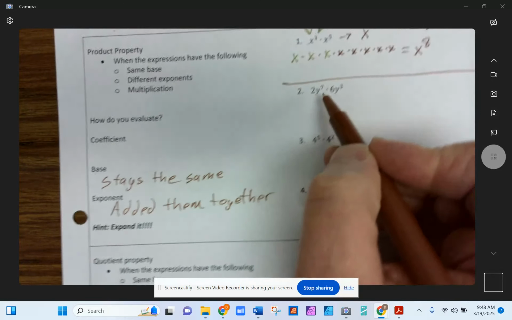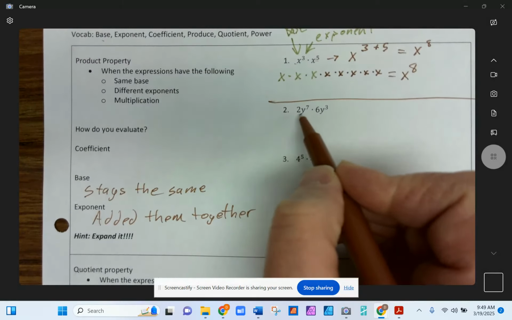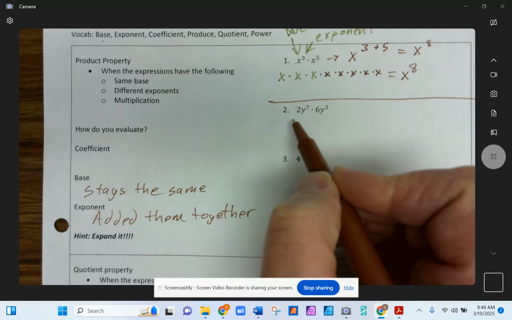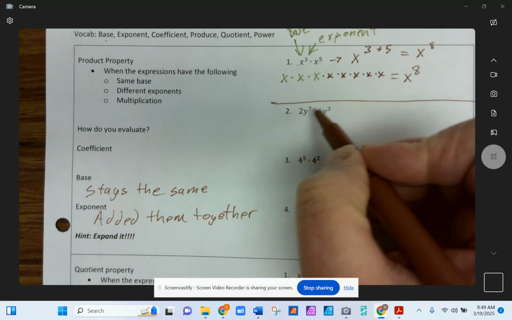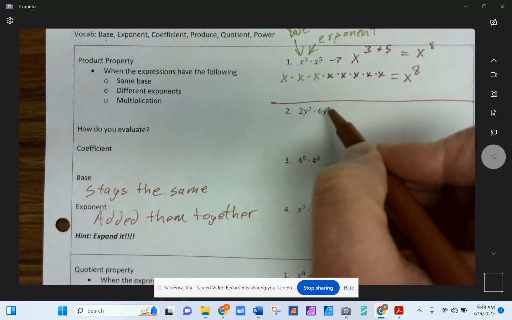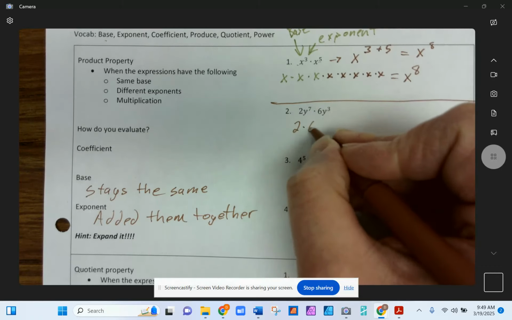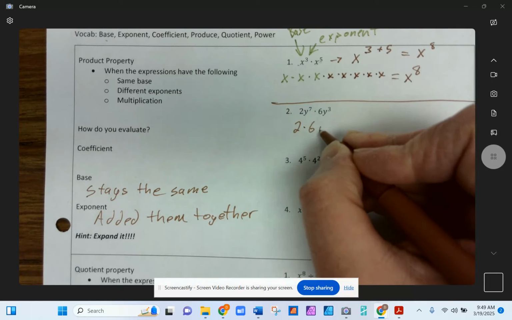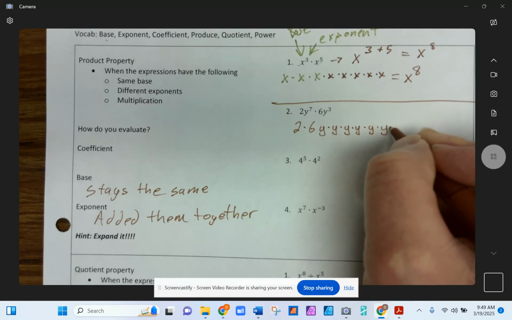Now, it doesn't change really, but we have coefficients in this one right here. So the idea with this is, since they're just regular numbers out front, all you do, rather than doing weird things like adding when you multiply, is you just multiply them together, right? So we have this 2 times 6 out here, and then I've got 7 y's here. 1, 2, 3, 4, 5, 6, 7.